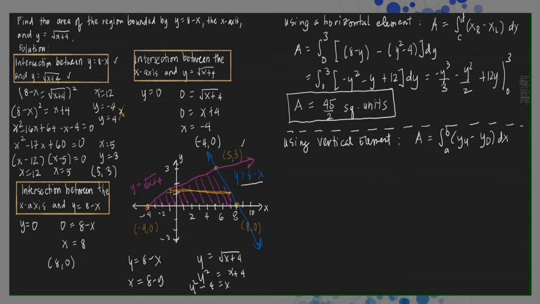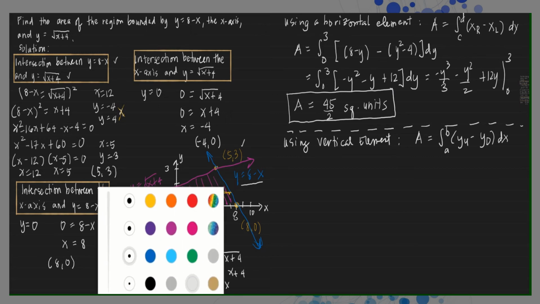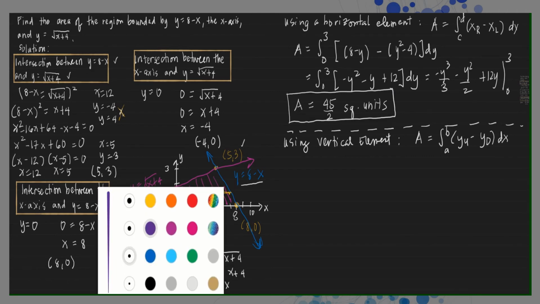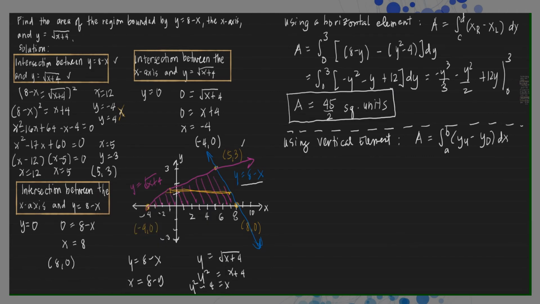Now, let us sketch a vertical element inside our region. So, if this is our vertical element, we observe that y up will be y equals square root of x plus 4, and y down will simply be the x-axis, which is again y equals 0.